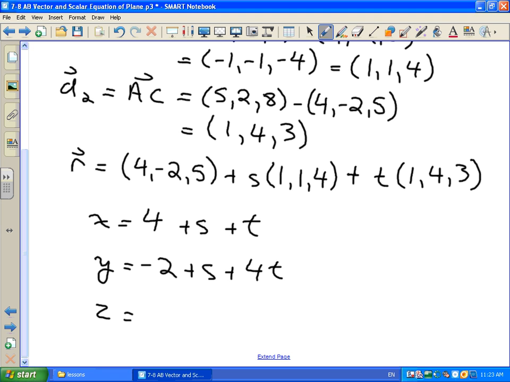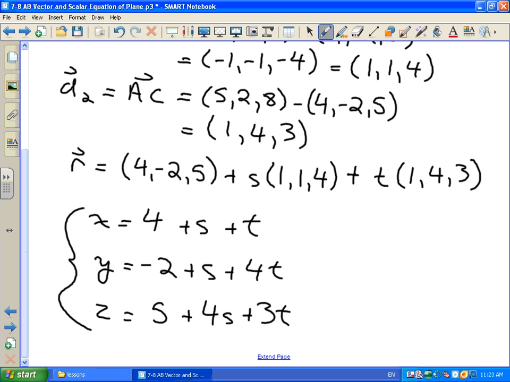And z, we're going to have 5 plus 4s plus 3t. So those together give us our parametric equations. So, vector equation, parametric equations. Very, very similar to what we were doing with lines.